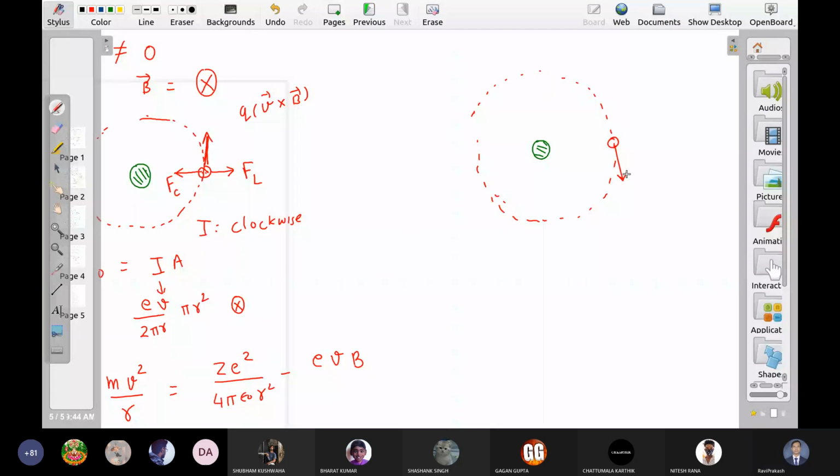This way. Coulomb force is still in this direction. What is the direction of Lorentz force? Parallel to Coulomb or opposite to Coulomb?